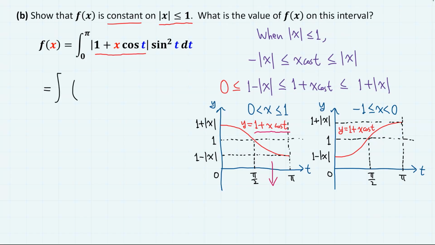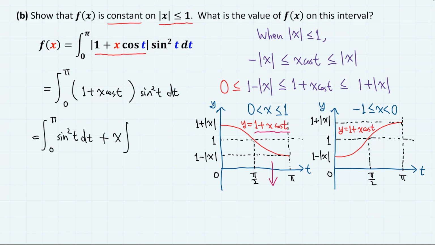Therefore, we can write the integral as just 1 plus x cosine t, times sine squared t, dt from 0 to pi. We can split this into the integral of sine squared t plus x times the integral of cosine t sine squared t.